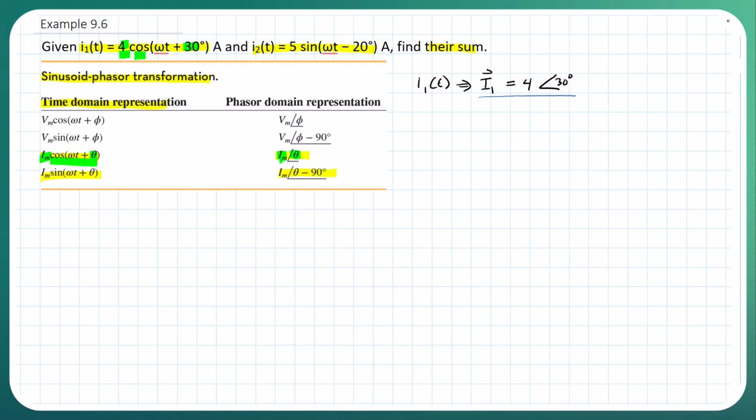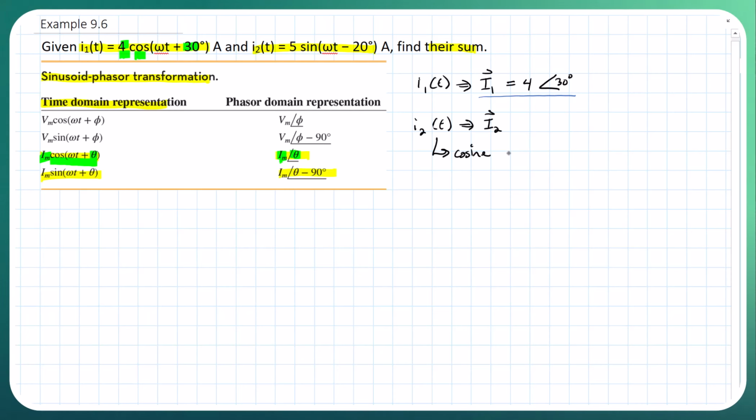The second part is you want to take I2 and put it in its phasor format. Now we note that I2 is 5 sine omega t minus 20. What we want to do is take this I2 and put it in cosine form, just to make this match up with I sub 1.